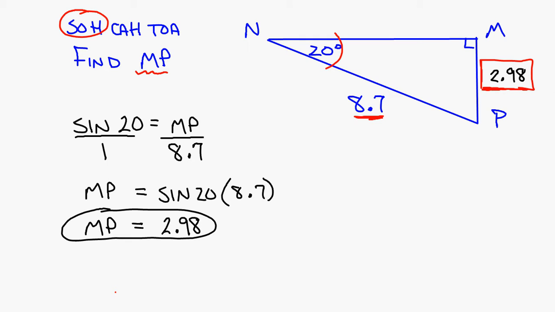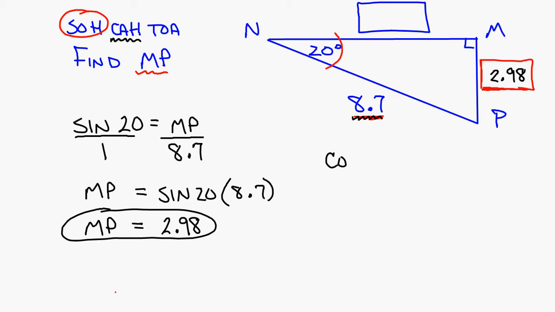Now, while all this information is up here, let's just find this side. And let's use the hypotenuse again. So now, in relation to the 20-degree angle, if you're given the hypotenuse and you're trying to find the adjacent side, what ratio are we going to use? Cosine. Cosine deals with adjacent and hypotenuse.